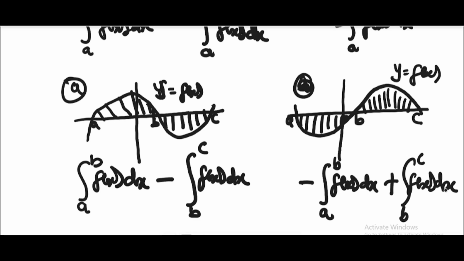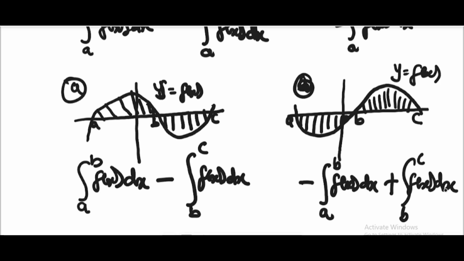So when you are integrating, it will be the function of the straight line minus the function of the curve, because the straight line is above. Then in case 2, the curve is above the straight line, so it will be the integral of the curve minus the straight line. The one that is above minus the one that is below. I don't know if it's making sense.